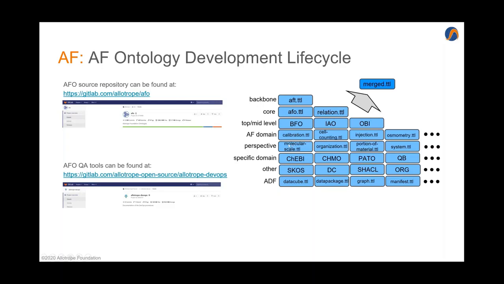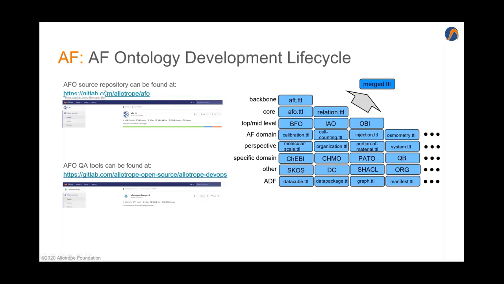And there are several external domains and other ones that are, for example, ADF related, like data cube, data package, graph, manifest. Altogether, they are a suite of ontologies that are serialized in the merge TTL file.